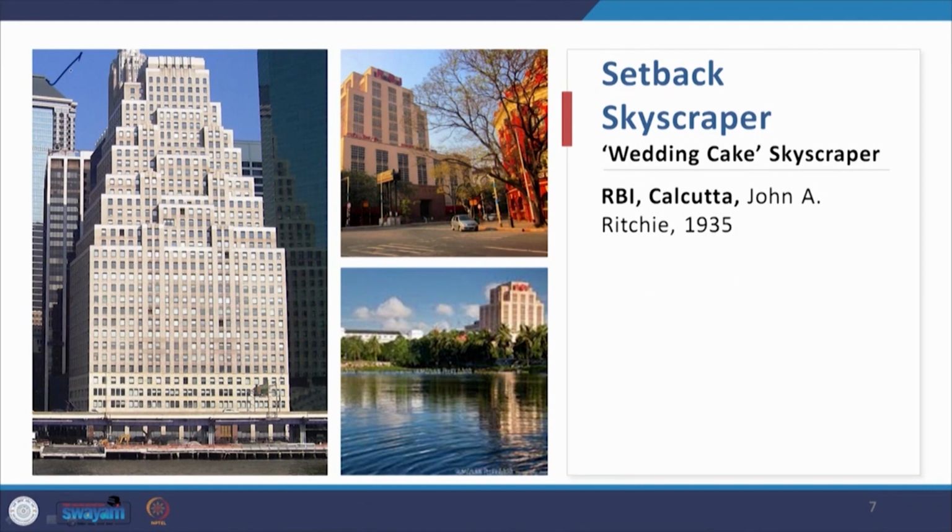a building had come up in New York around the 1910s, called the Equitable Building, which had a very massive block going straight up, and because of that there was a very large shadow cast on the nearby buildings, and the street level was completely dark, there was no sun penetration.